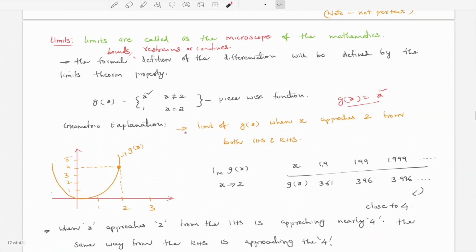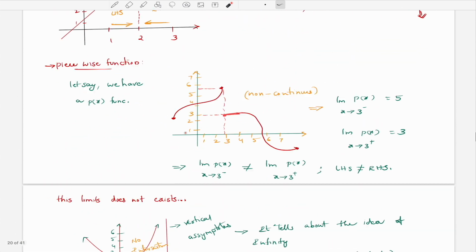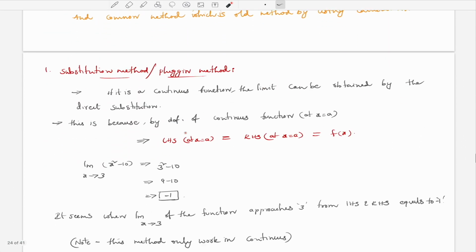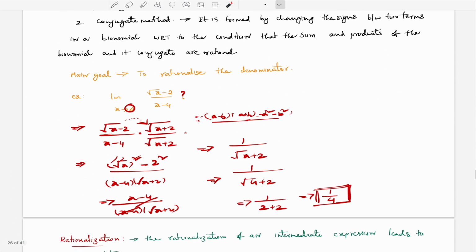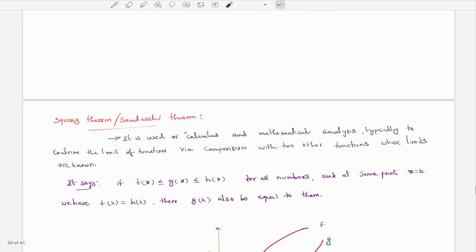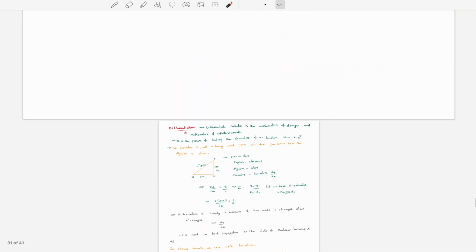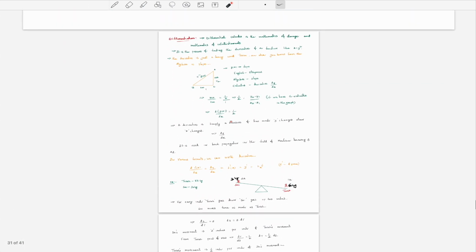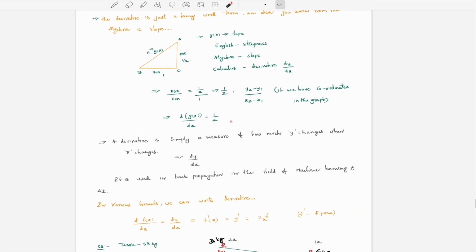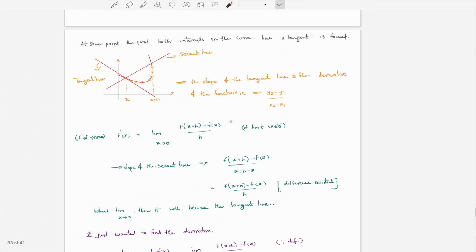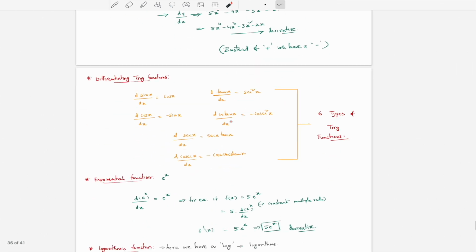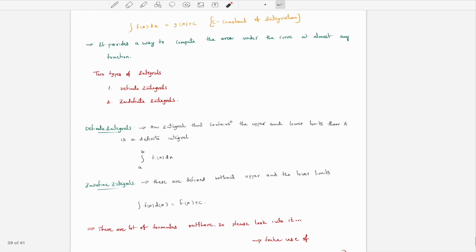We discussed limits, discontinuity and continuity, three kinds of functions, and the squeeze theorem, also called the sandwich theorem. We also covered differentiation, with the 12 differentiation rules, and then integration.